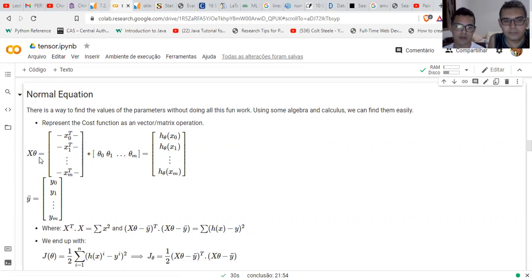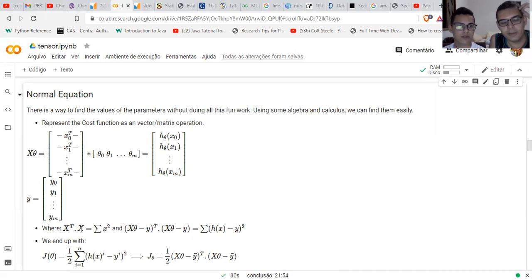These are multiplication factors, where x times theta will be our h of x. This is just a different notation, but it's pretty much the same thing that we saw in the first video. And here I explain a little of where all of this comes from.